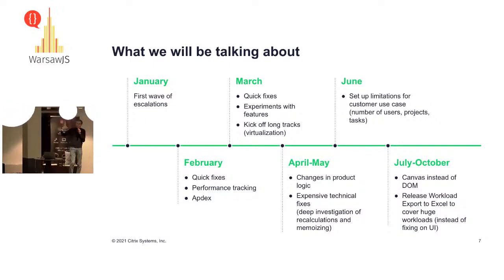We tried some quick fixes, we tried to set up some performance tracking, we tried some long, expensive fixes, and now I hope we can say that we have almost dealt with all major problems and the performance of this amazing view is good enough.